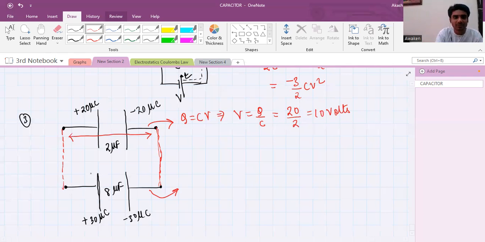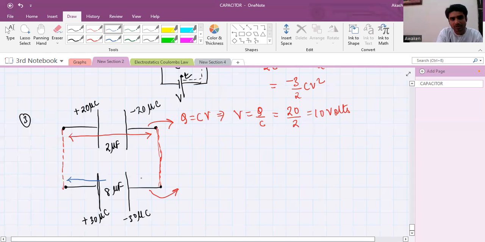For the bottom capacitor it will be 30 by 8, which is 3.75 volts. So we see that there is a potential difference across these capacitors.